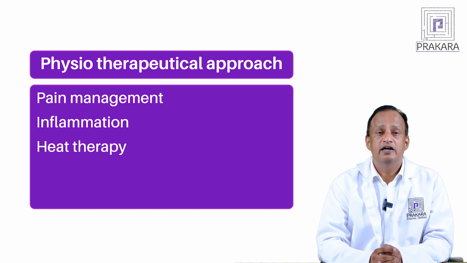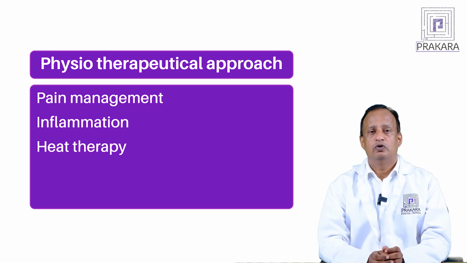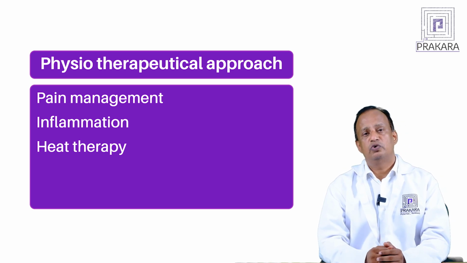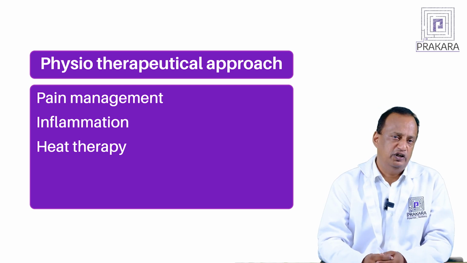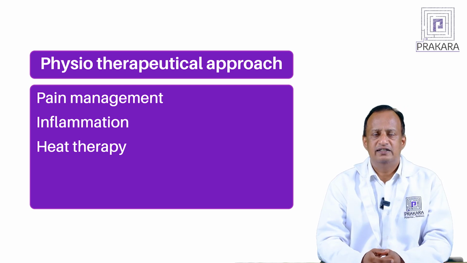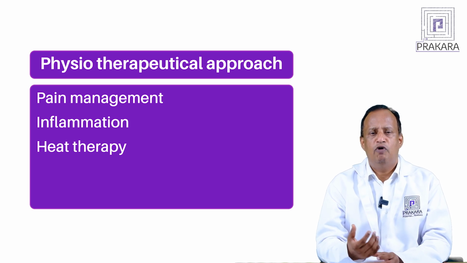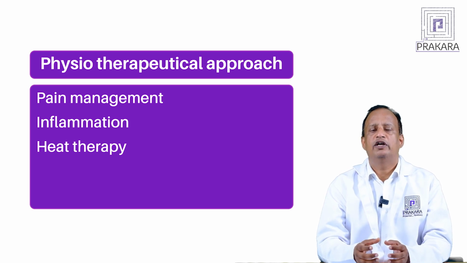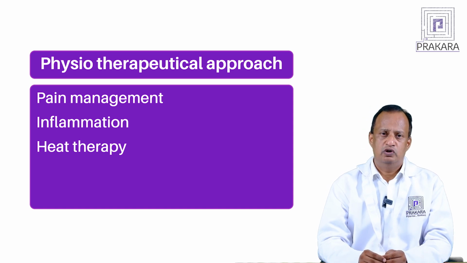So we have to focus the pain management towards that. We can use heat therapy, such as a paraffin wax bath, that would warm up the structures. Warm structures are more flexible, so we will be increasing the flexibility of the structures.